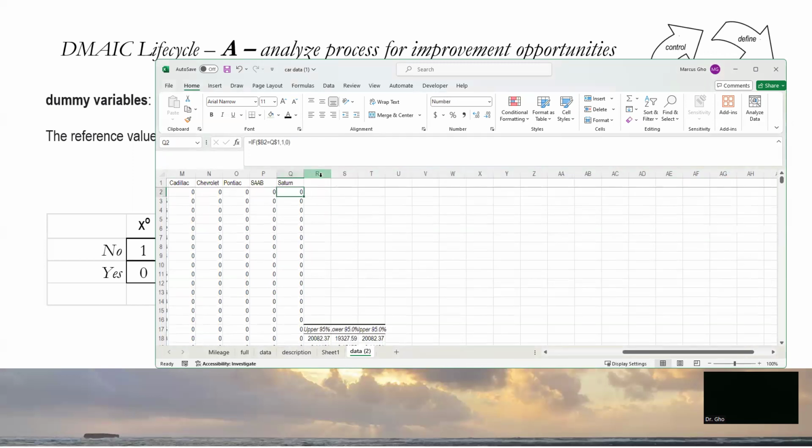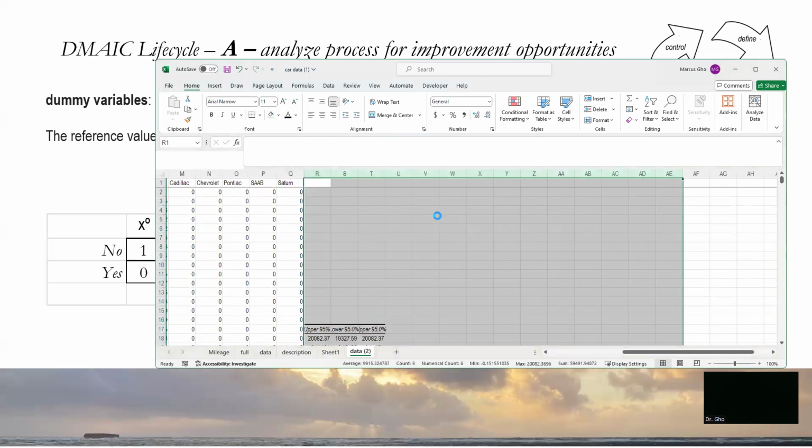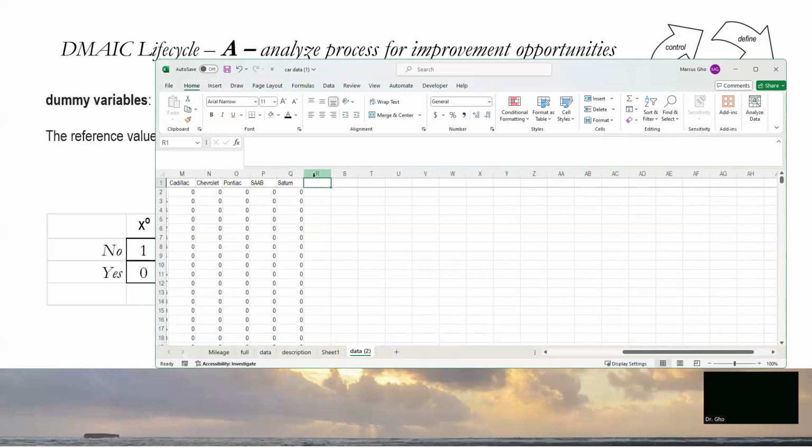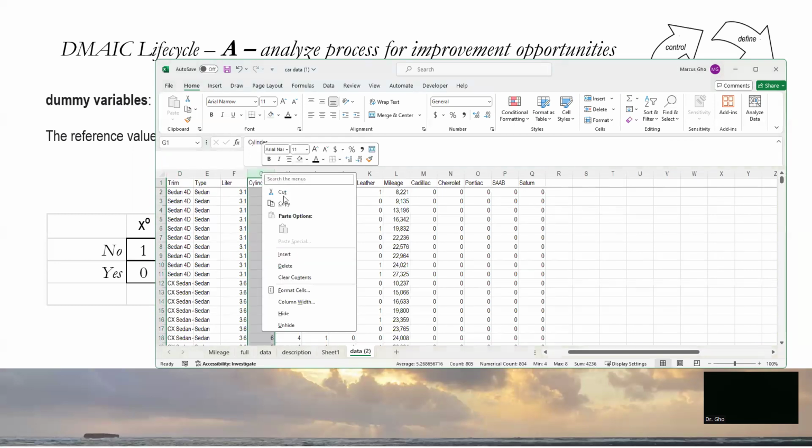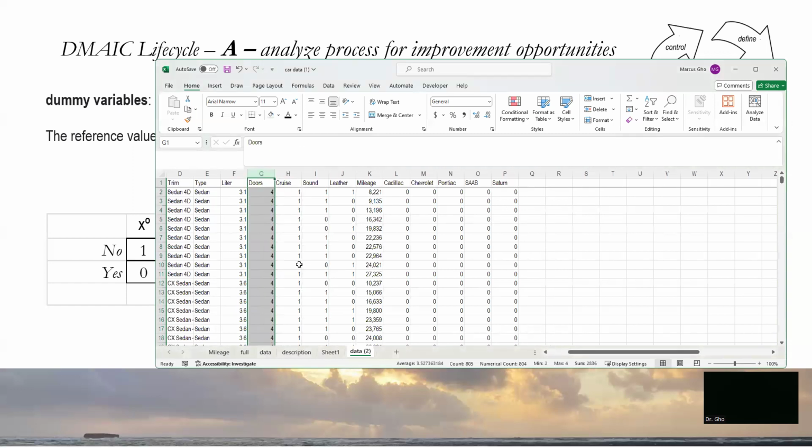Okay, so the variables I want to consider. We have, I'll just do liter instead of cylinder. That might be good.